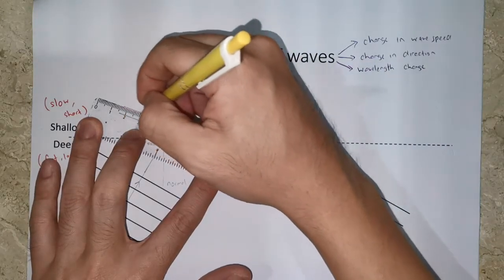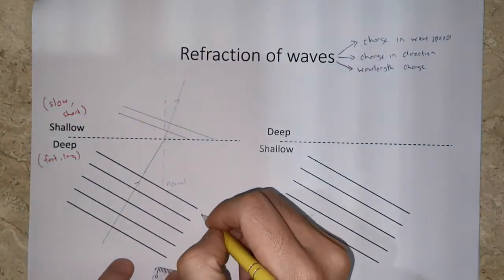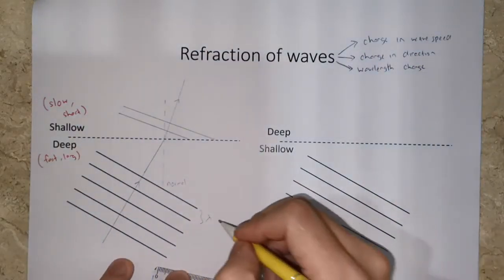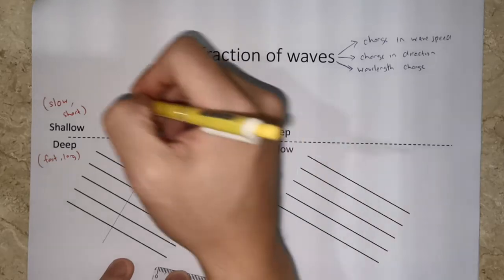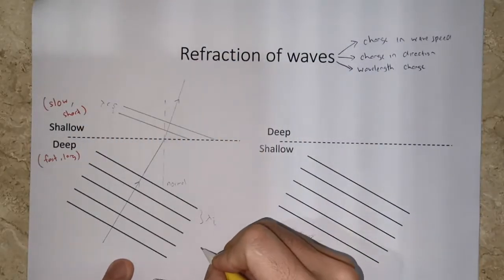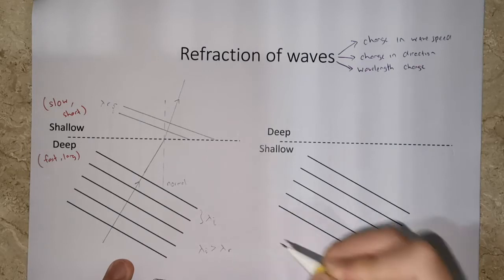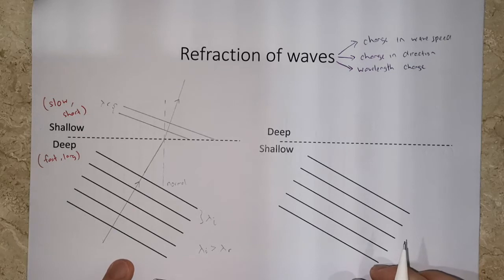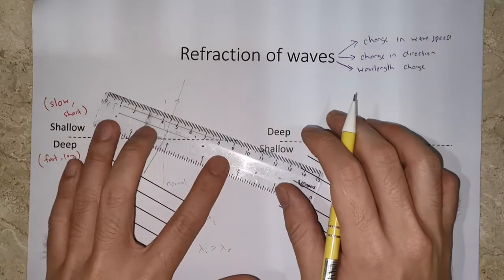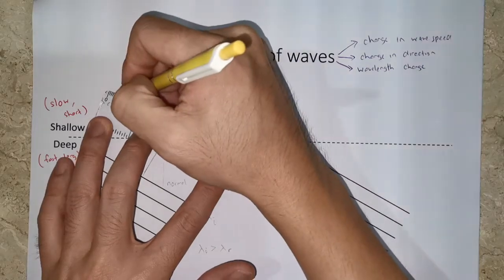What must be apparent is the wavelength here, incident, and the wavelength here, refracted. The wavelength must decrease. Keeping that in mind, draw the next line.